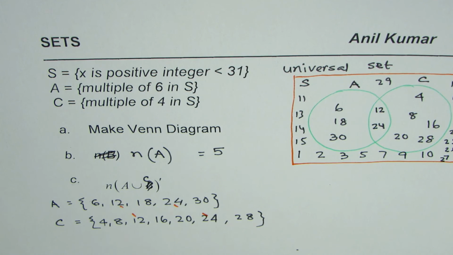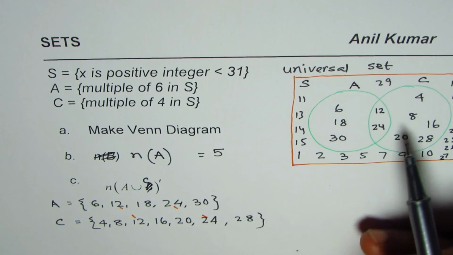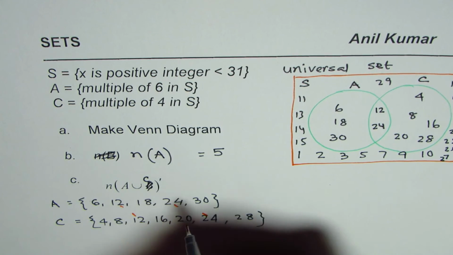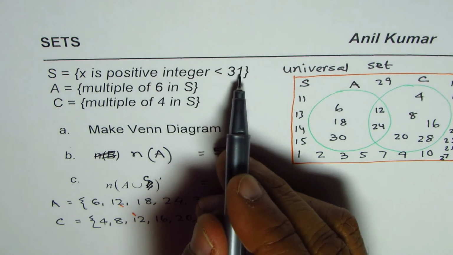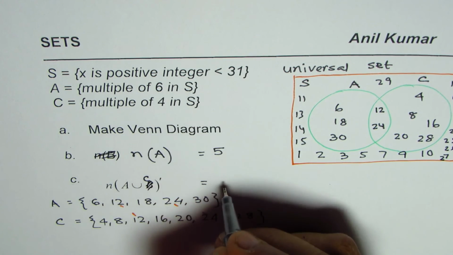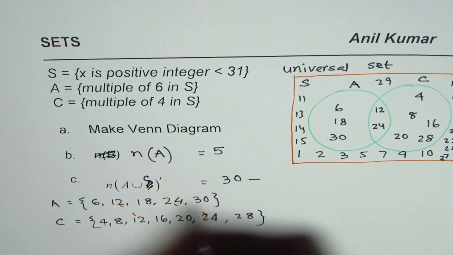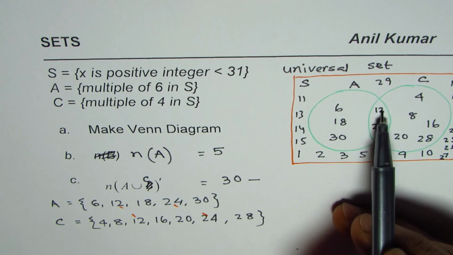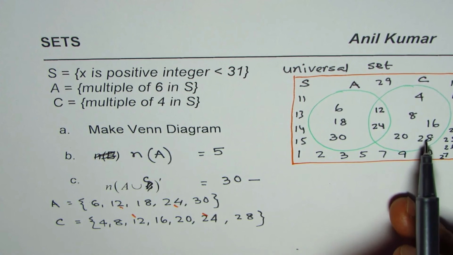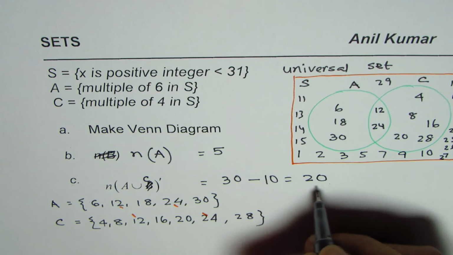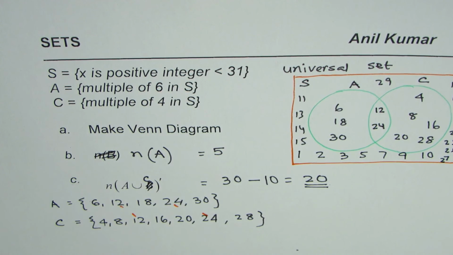To find these numbers, what we can actually do is find how many numbers there are in the union. We have a total of 30 numbers, from 1 to 30. So 30 take away the 10 numbers in the union equals 20. So the answer is 20.